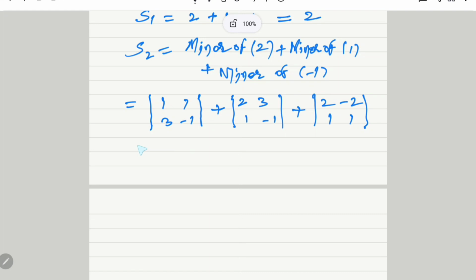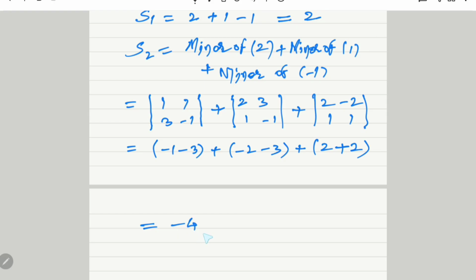Evaluate it, we get minus 1, 3 1s are 3, minus 3, plus minus 2 minus 3, and plus 2 minus minus, it becomes plus 2, and therefore values is minus 4, minus 5 and plus 4. Minus 4 plus 4 get cancelled, and we get the value of S2 as minus 5.